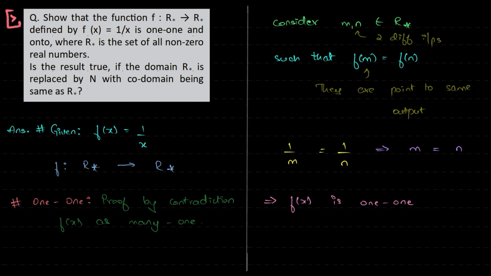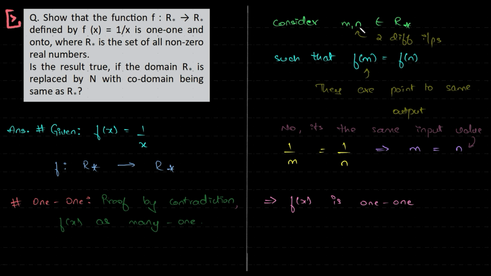This points out that it is the same input value. Again, let me explain. We are making use of proof by contradiction. That is, we are considering f of x as many to 1.